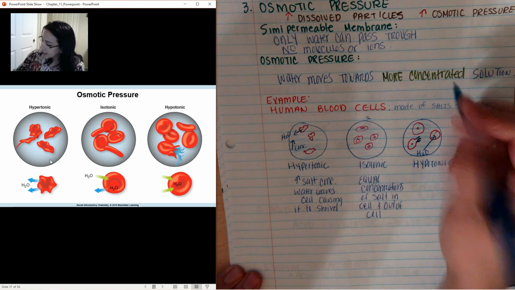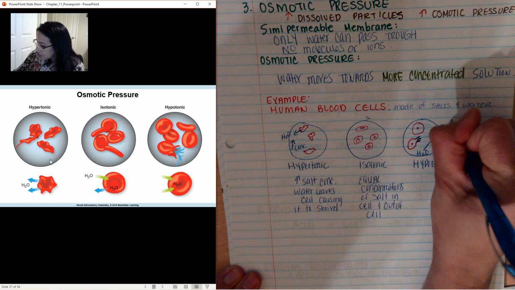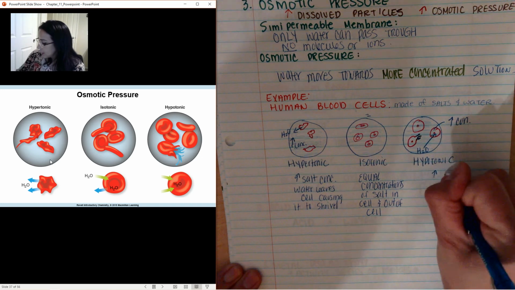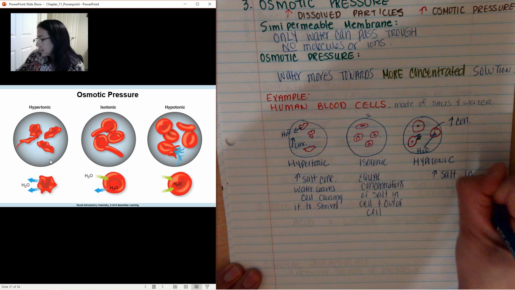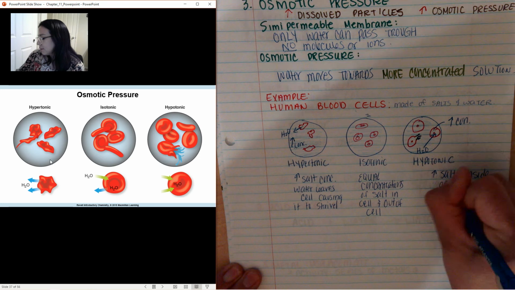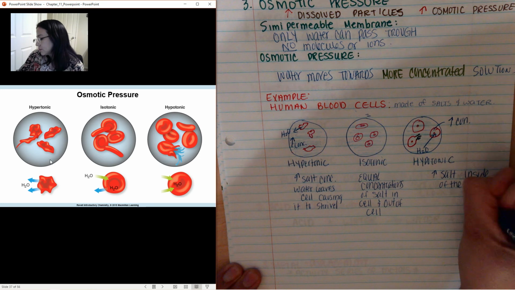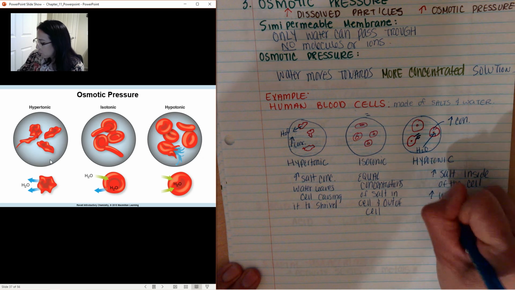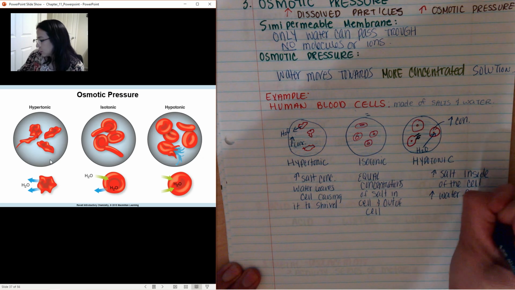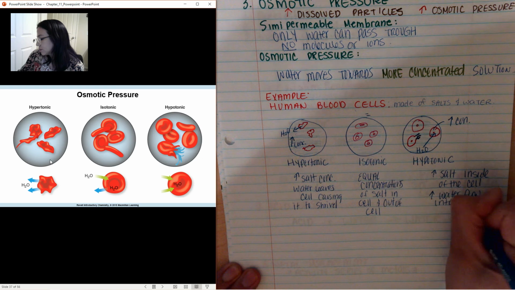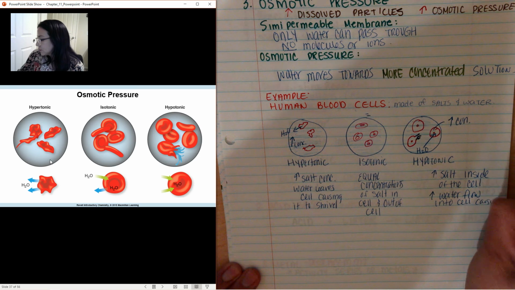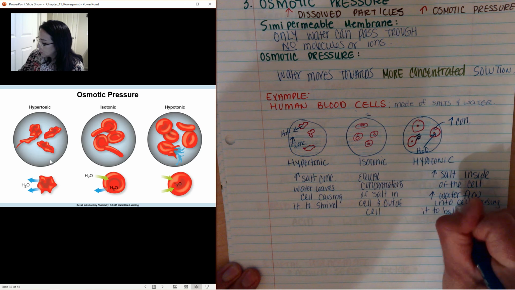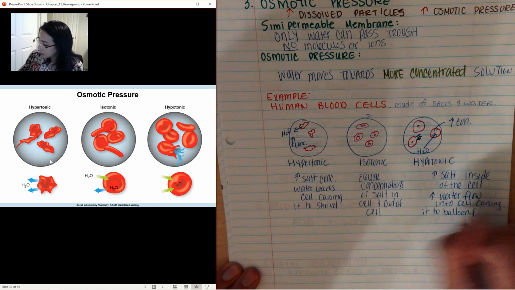And the reason that is happening is because inside of the blood cell, you have a high salt concentration. So water goes into the cell, increasing the water flow into the cell, causing it to balloon and explode.